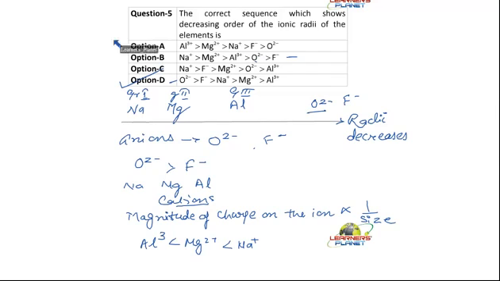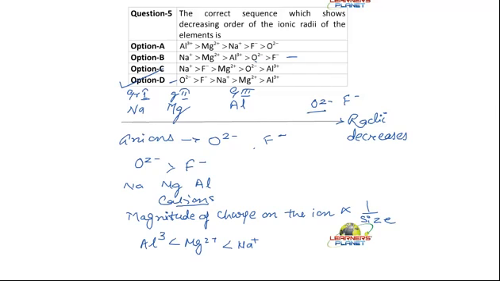In anions, there are more electrons to be held by the nucleus, so it becomes bigger in size. And in cations, there are fewer electrons to be held by the nucleus, so it becomes smaller. There is more attractive force between the nuclei and the electrons present.